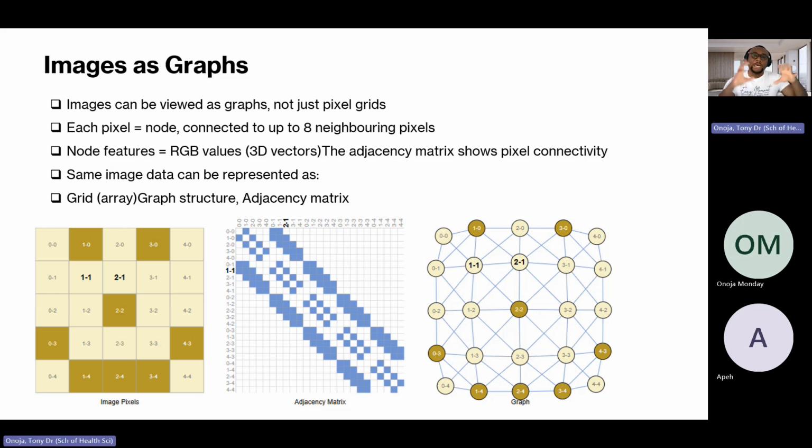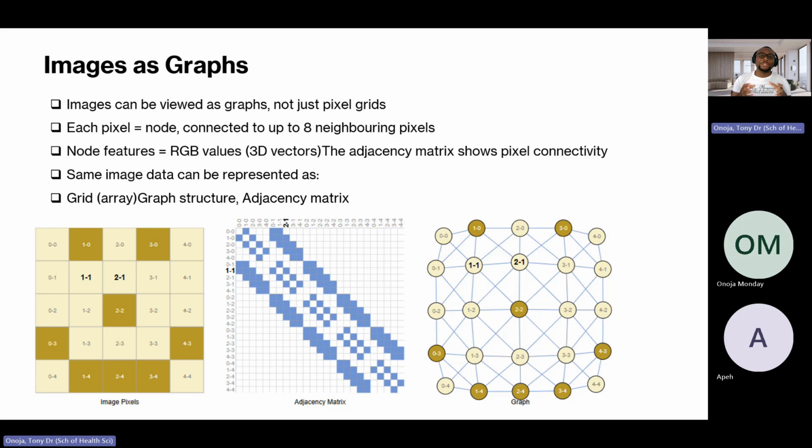If you know the RGB, it is a 3-vector format. Now the 3-vector format itself tells us about this matrix representation where we are focusing on the adjacency matrix, to see the connectivity in the pixels.